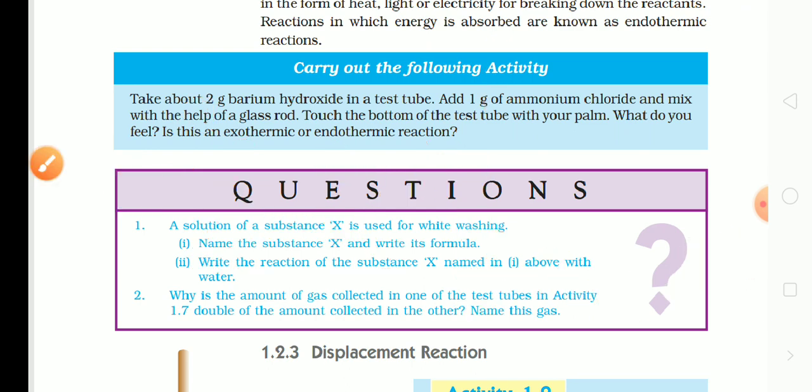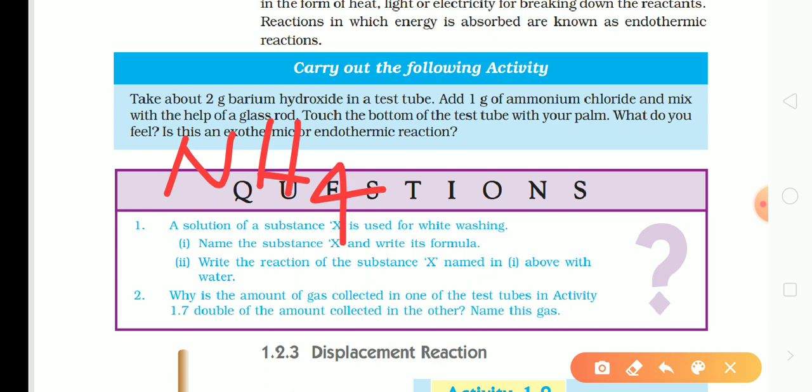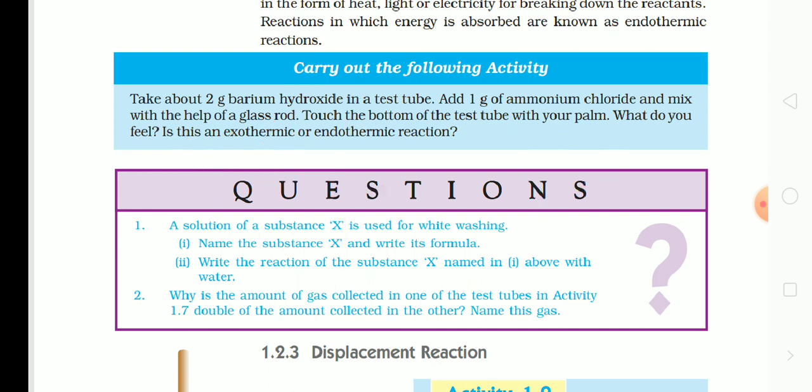And this barium hydroxide is reacting with ammonium chloride, right? Ammonium means NH4, valency is 1. Ammonium chloride, chlorine valency is 1. So automatically it would be NH4Cl. And when they are mixed together with the help of a glass rod, touch the bottom of the test tube with your palm. What do you feel? Is this an exothermic or endothermic reaction?